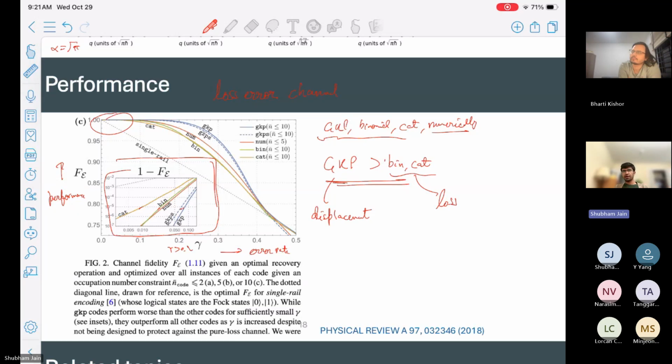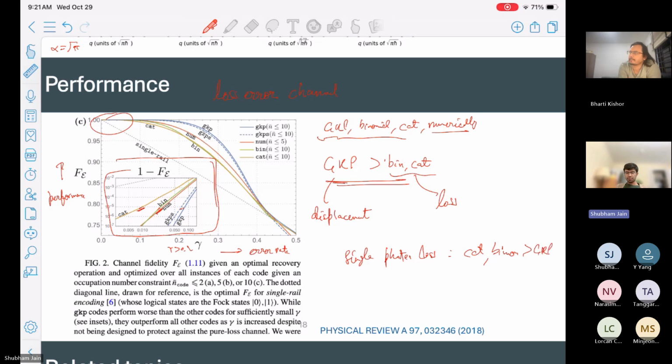If you have a very low error rate, then the system would only experience a single photon loss, essentially. And since these codes can protect against the single photon loss exactly, whereas the GKP code is always going to be approximate for the loss error channel, then for very, very low values of gamma, where only single photon loss happens, the cat and binomial codes perform better.